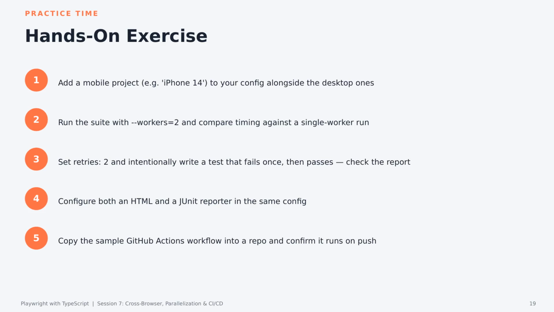Check exactly how that shows up in the report. 4. Configure both an HTML and a JUnit reporter in the same config file at the same time. 5. Copy the sample GitHub Actions workflow into a real repository and confirm it actually runs successfully on push.